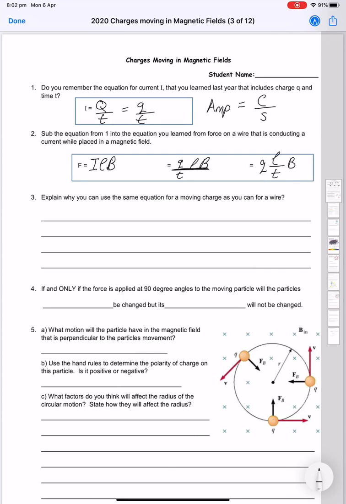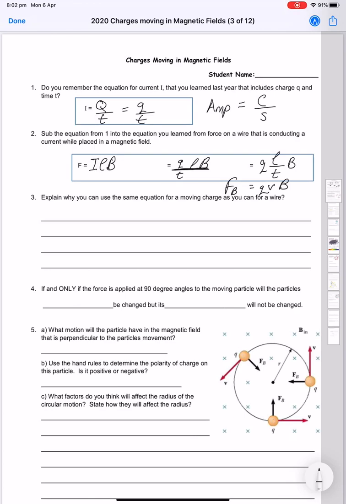Velocity. If we have a constant speed, then the distance over time equation gives you QVB. And so this is where our equation for magnetic force comes from for a charged particle.